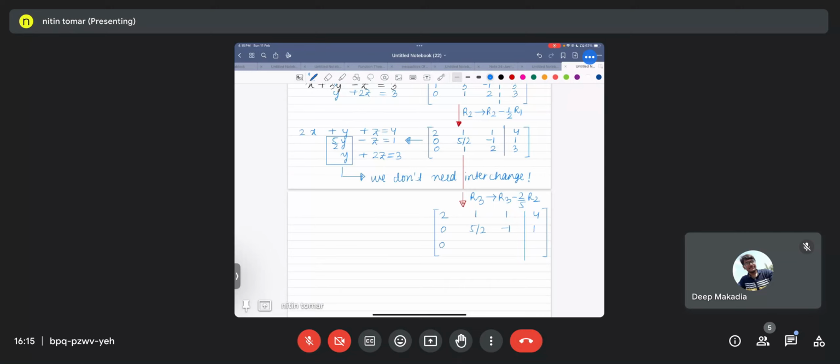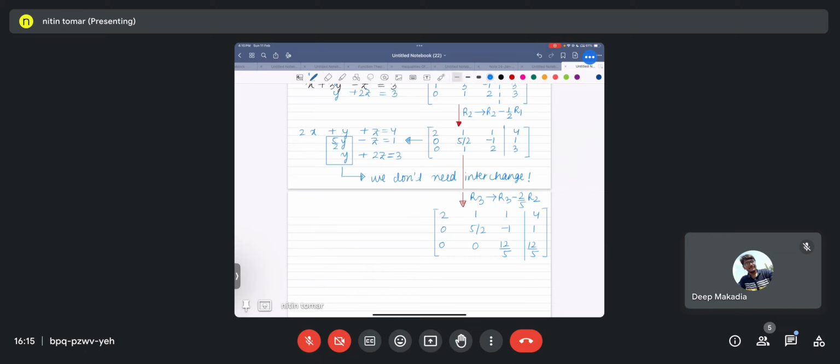Then here you will have 0. Here we will have 12 by 5, I guess. 2 plus 2 by 5. Yes, 12 by 5 and 3 minus 2 by 5. So here we'll also have 12 by 5. Now we stop. As soon as we get upper triangular matrix, we stop.